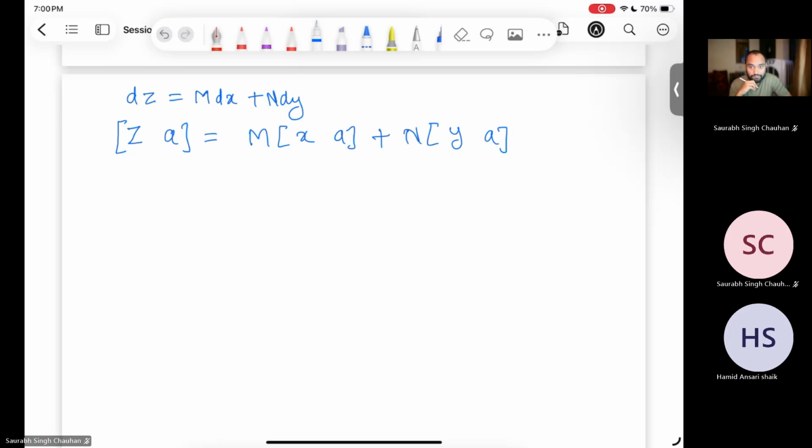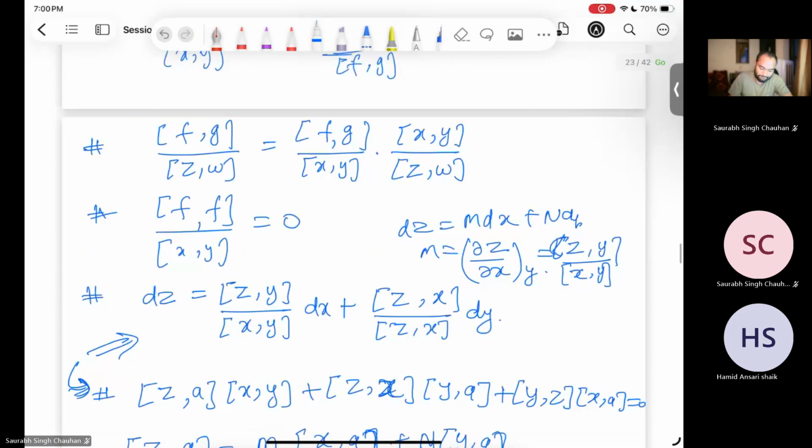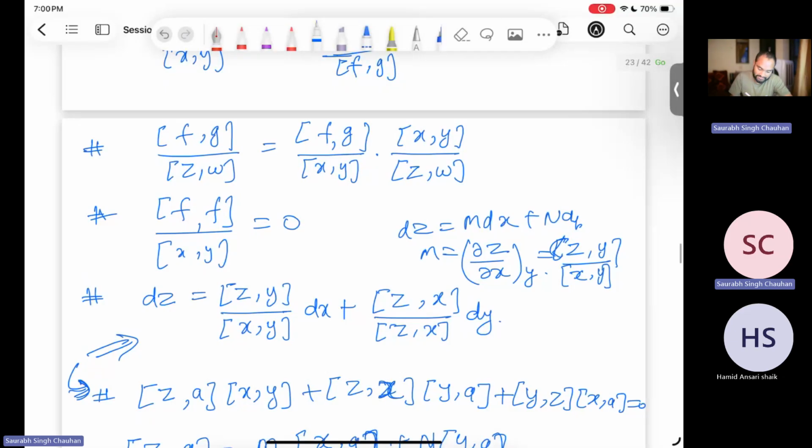Is that fine? If there is any difficulty, we can just go back and write everything again. It just follows from here; we started with this and we reached there.